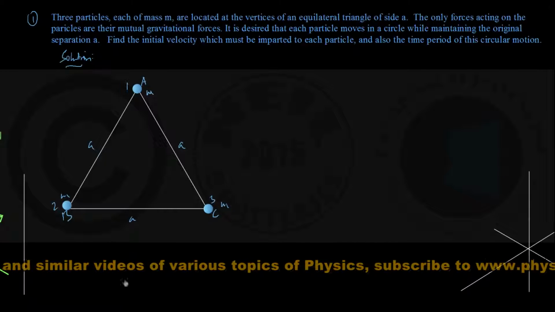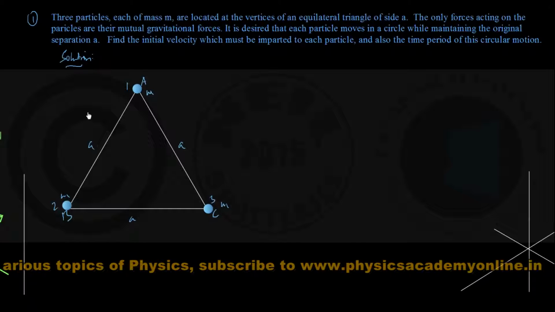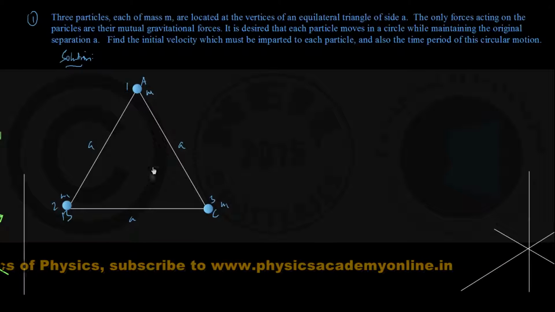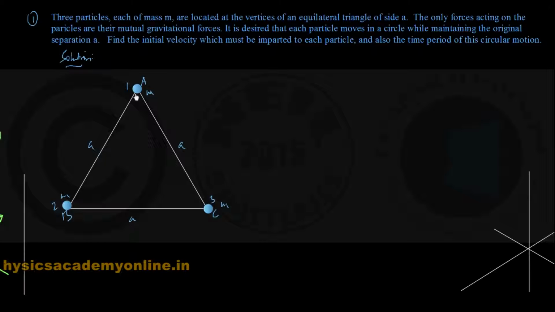So since they are talking about a circular motion for each particle without changing the separation from other particles, let us try to recognize that circular path. We focus on one particle because since all three particles have the same mass and their separation is also the same, any of these three particles is representative of the other two particles.